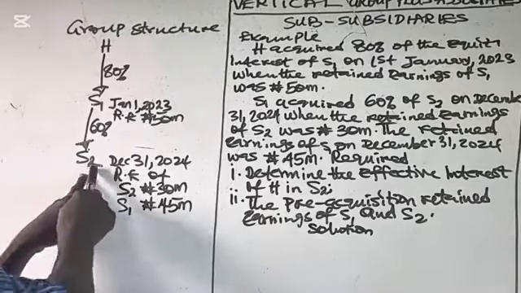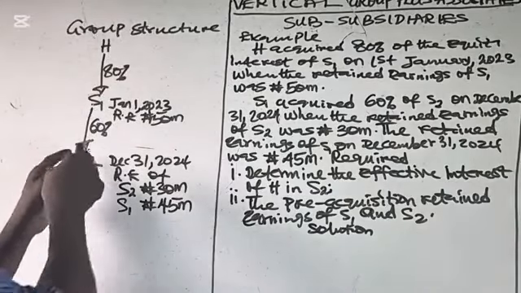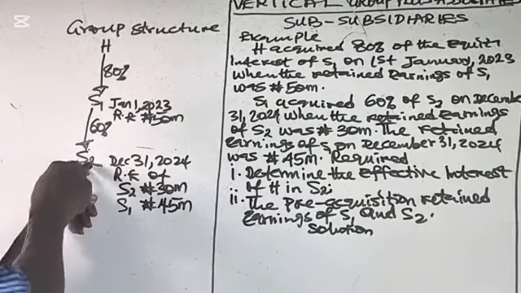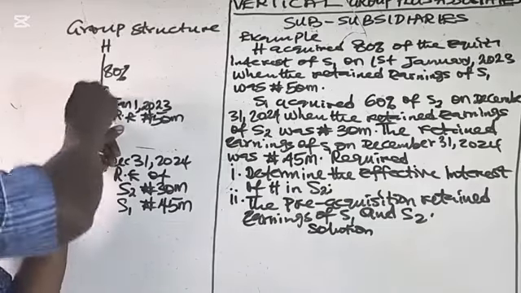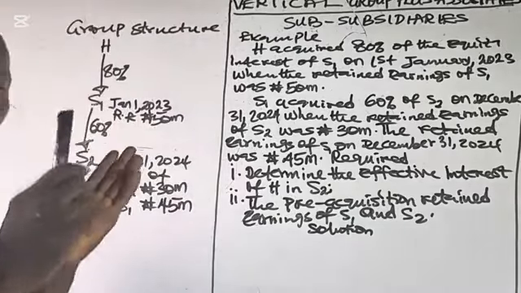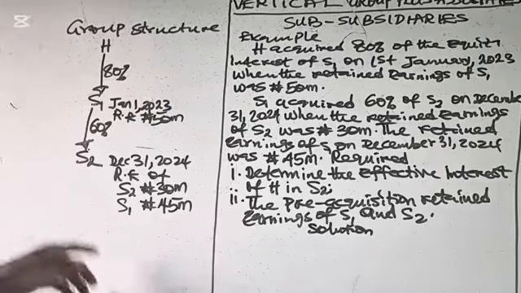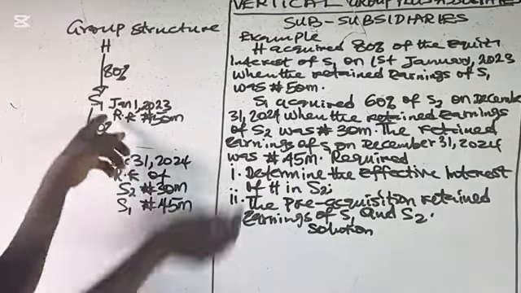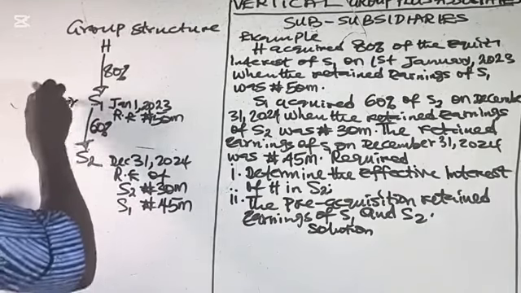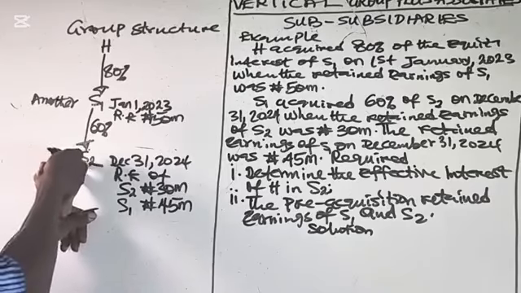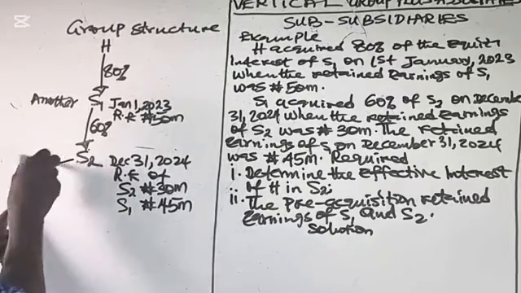S2 is a sub-subsidiary of H because S2 itself is a subsidiary of S1, which is itself a subsidiary of H. Remember, I've told you that a sub-subsidiary is an entity that is controlled by another entity.